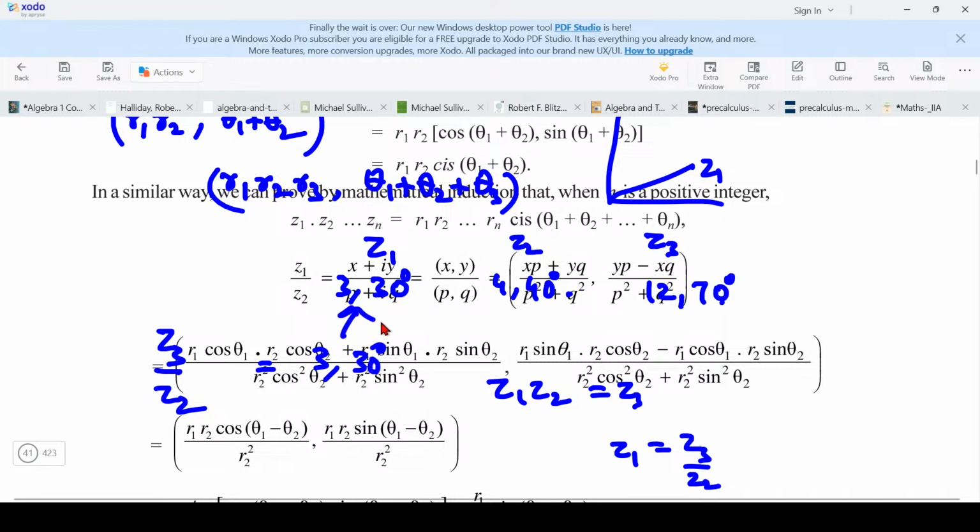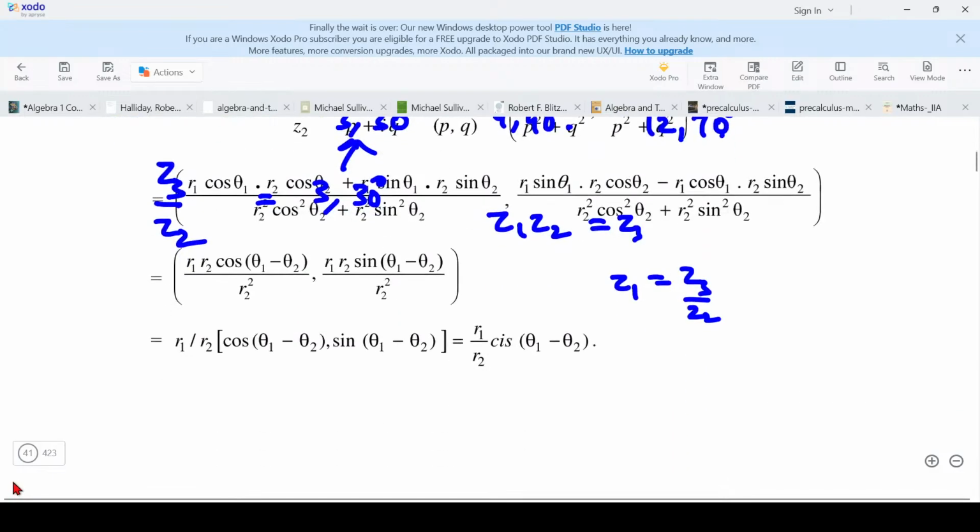Now we are actually getting this Z1. We are doing the reverse operation of multiplication. If you are doing division, the magnitudes will get divided and angles will get subtracted. Clear now? Same exact opposite. Yes, sir. Very good.